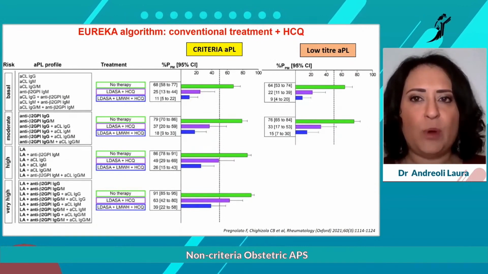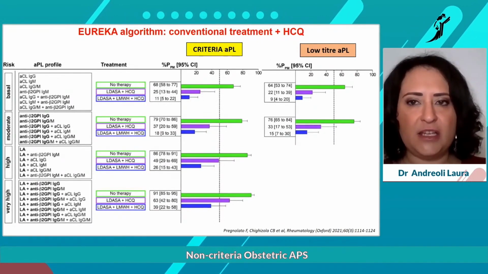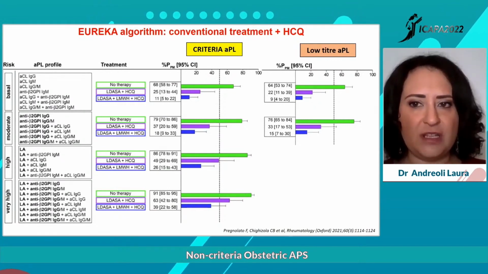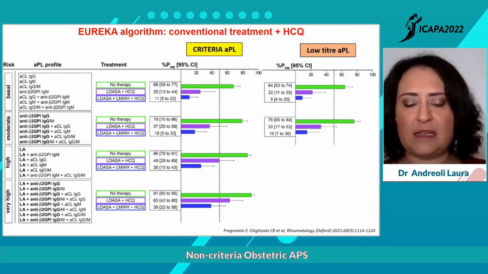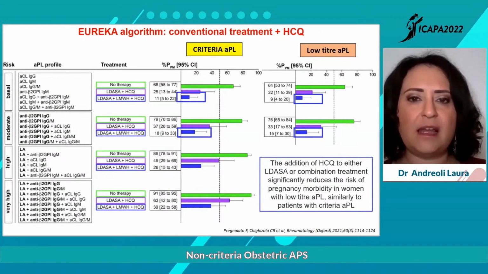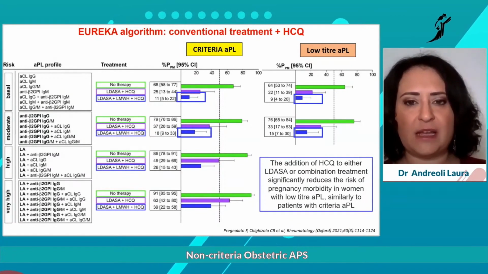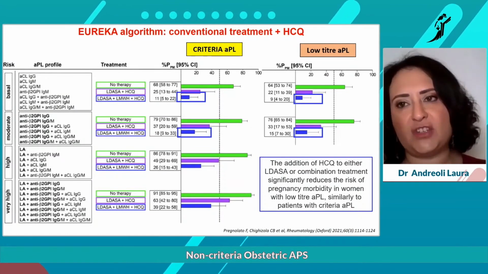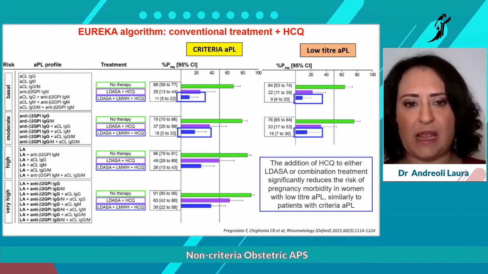Then another step was to consider the addition of hydroxychloroquine to the combination treatment. And again, you can see that this immunomodulatory treatment was able to yield a better pregnancy outcome in both criteria patients and patients with low titer APL.